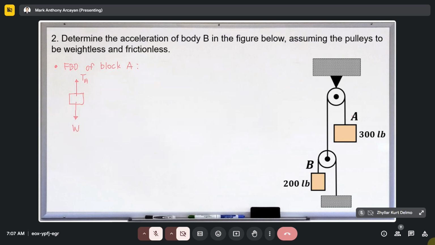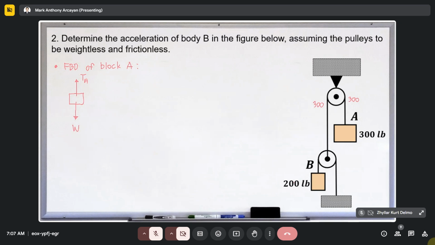Now, if we assume this as a static equilibrium state, then if the weight of A is 300 pounds, it is understood that the tension here is 300, and on the other side of the rope, this is also 300, provided that the pulley is frictionless. Now, let's proceed to the lower pulley.